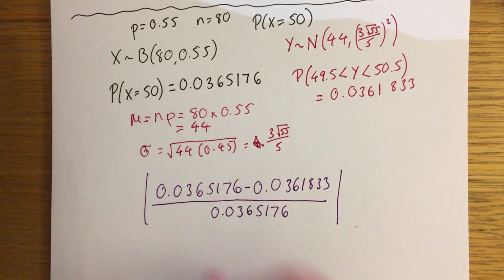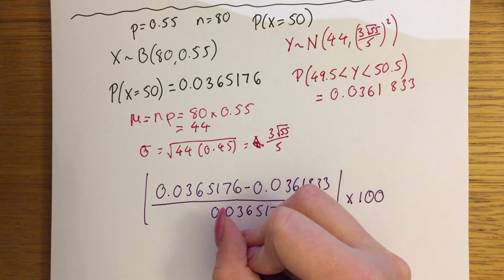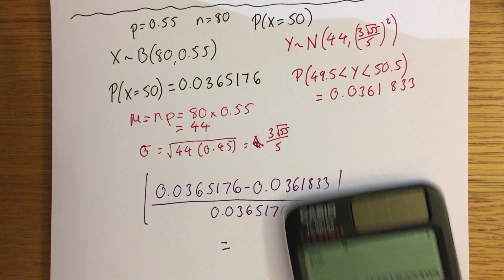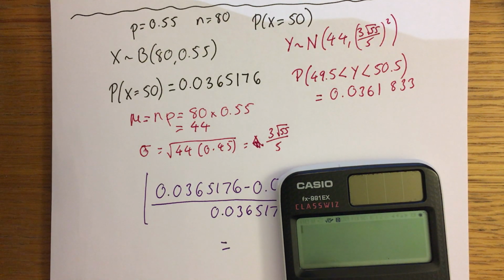I want the modulus of that because it doesn't matter if it's positive or negative. It doesn't matter if it's an error above or below. You just want to know what the error is. And then times by 100. Can I remember how to find the absolute value? Yes. Shift absolute.